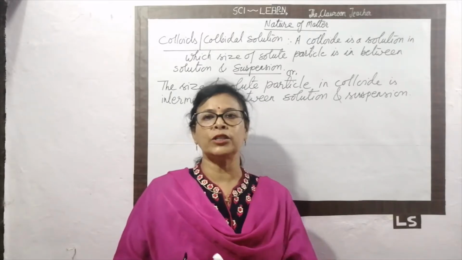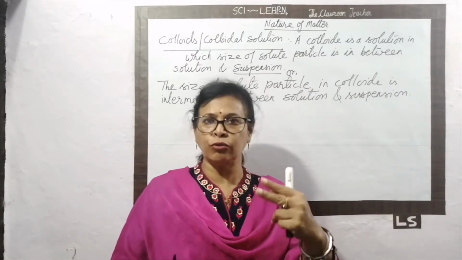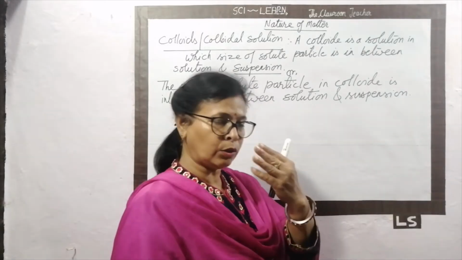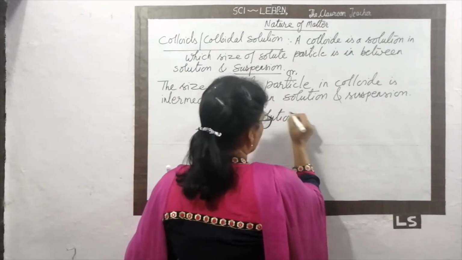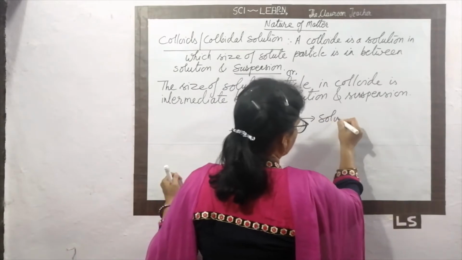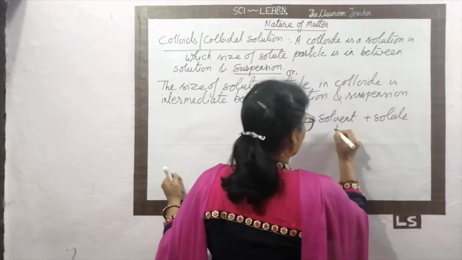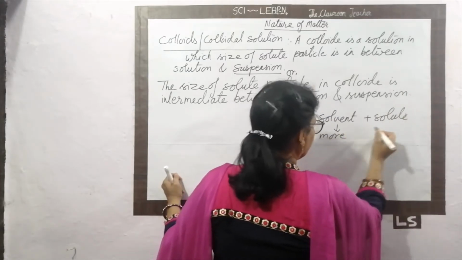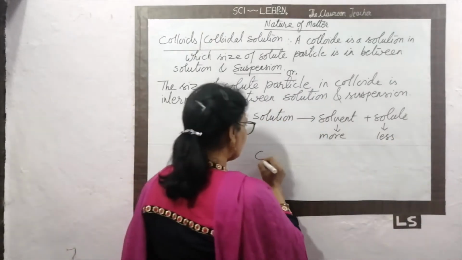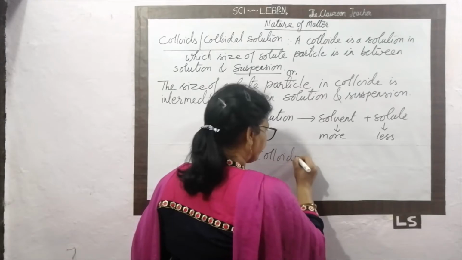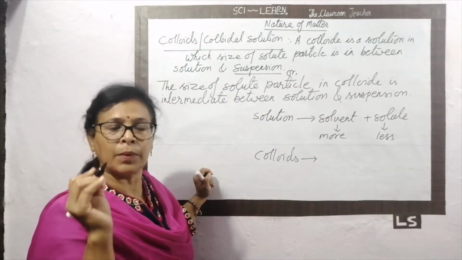Now, how is the colloid formed? Colloid is also formed with two phases. First is the solution, which is composed of solvent and solute, and you know that solvent is more in quantity and solute is less in quantity. Now, what happens in colloid? Colloid is also composed of two substances.